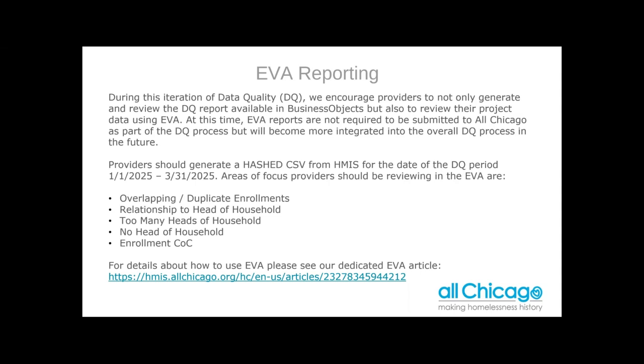You'll have to select that to be able to save and exit that assessment. But previously, enrollment COC was not a required question in the assessments. So if you have any clients that have been enrolled in your project for some time, there could be a chance that their enrollment COC isn't filled out. So you're going to want to make sure you go in and add that in.